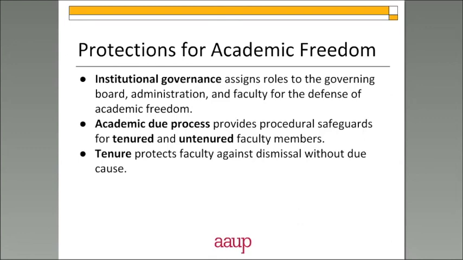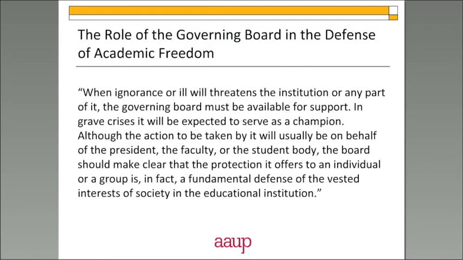And then more generally, academic due process as a way in which there are procedural safeguards for tenured and untenured faculty members that helps defend academic freedom. And then finally, of course, the institution of tenure. The AAUP has always put forth that the institution of tenure exists specifically to defend academic freedom by protecting against dismissal without adequate cause.